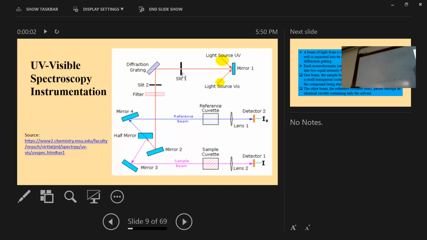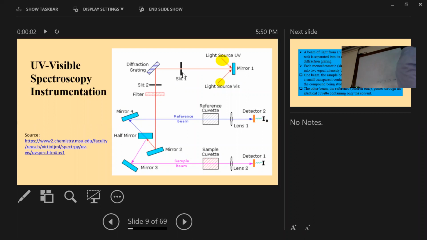In that case, these components will form different bands, several bands. If I draw it this way, some of them will go, so maybe one will go through the slit. Okay. So now what we are getting through this slit is the monochromatic light. This is the filter and monochromatic light.